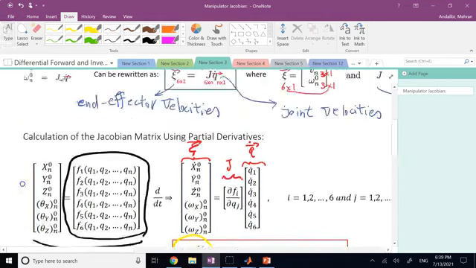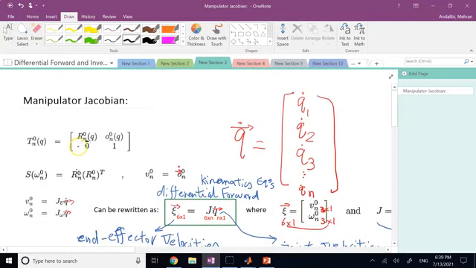When you calculate the forward kinematics, it gives you a homogeneous transformation matrix. It gives you a rotation matrix and it gives you O, the origin of the end effector in the base frame. This O here will give you what? It will give you X, Y, and Z that you were after.